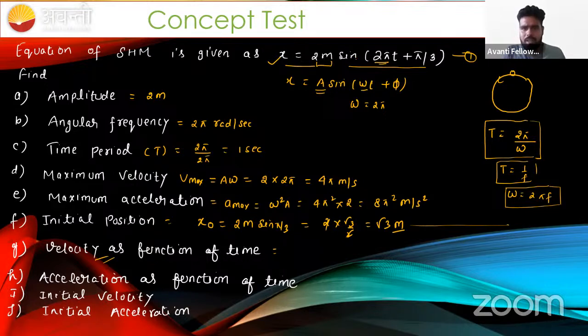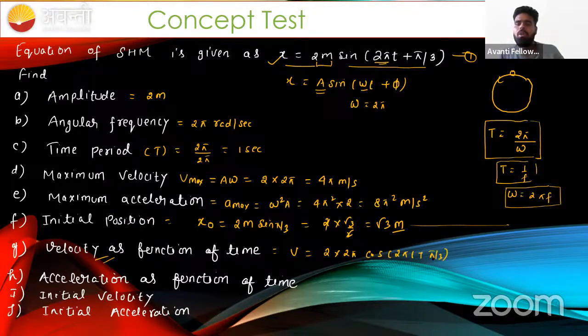So if we differentiate equation number 1, anybody, beta, in this class, what is the differentiation of this? This will become 2 into 2 pi, and the differentiation of sine(omega t plus theta) is cos(omega t plus theta).